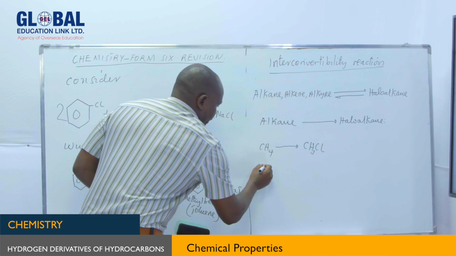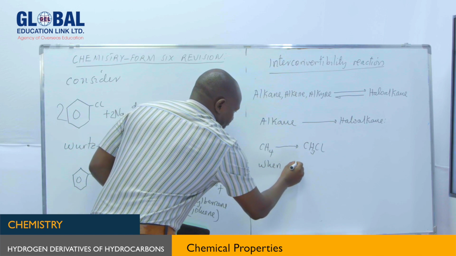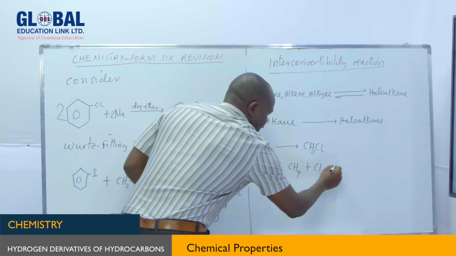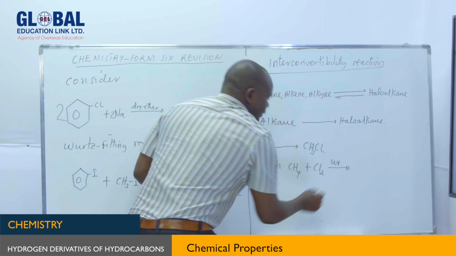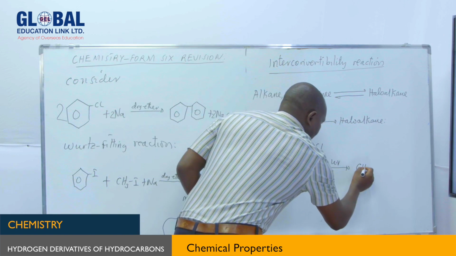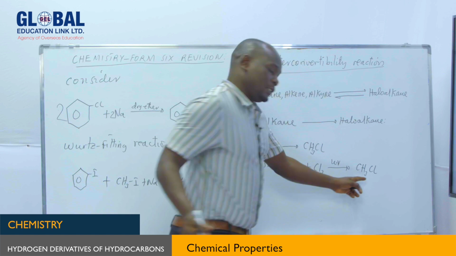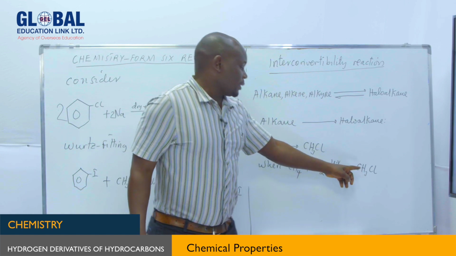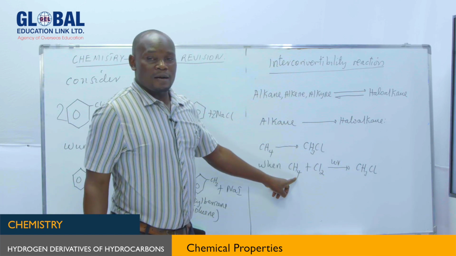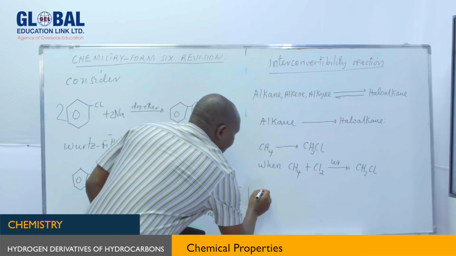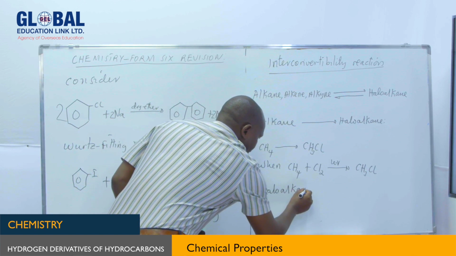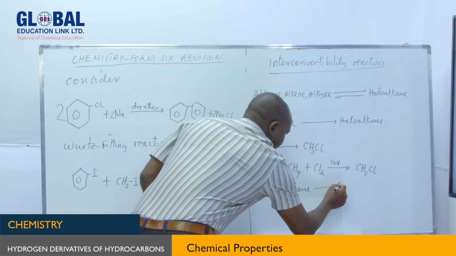This is when CH4, our alkane, is treated with chlorine gas under UV light. This is known as free radical substitution reaction. So here you end up getting CH3Cl. Now this is our haloalkane. But this haloalkane can also be treated to form the alkane, by which now haloalkane to alkane.